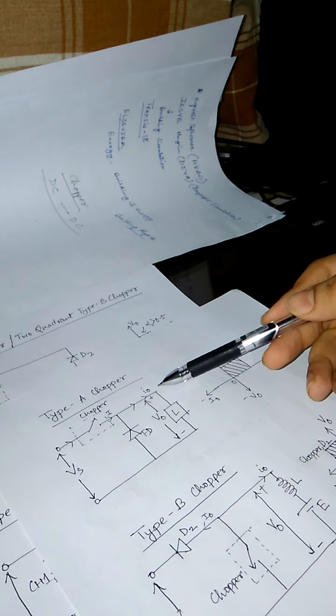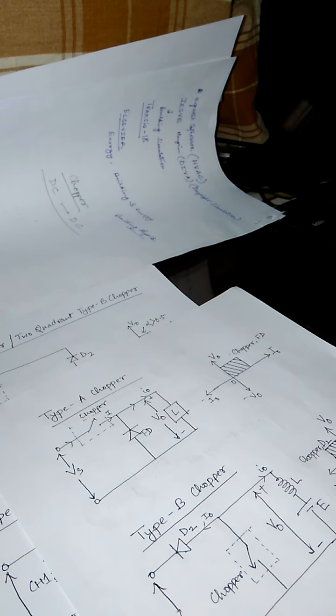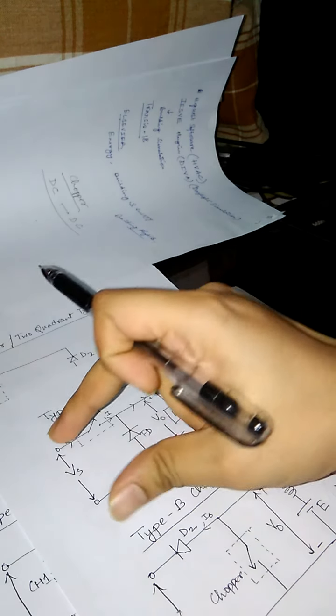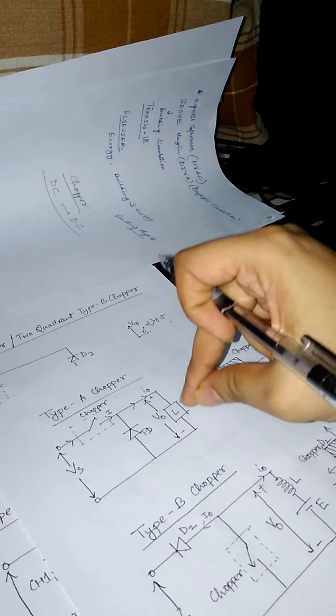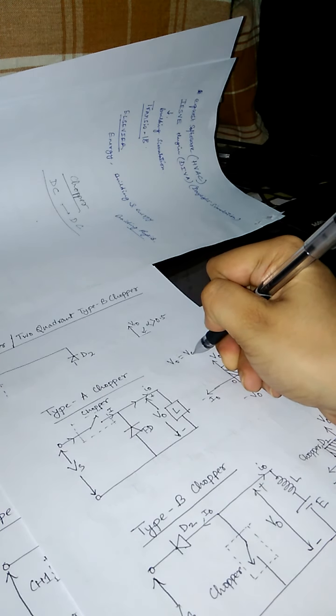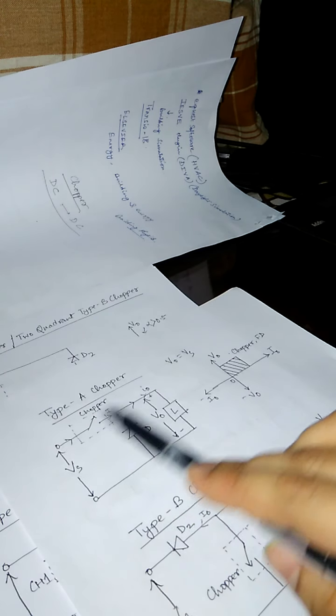This current we consider here as I0 current. Then the voltage towards the load is going to be V0 equal to Vs, because the total source voltage is now going to feed the load. So V0 equal to Vs, and current I0 is flowing from source to load.